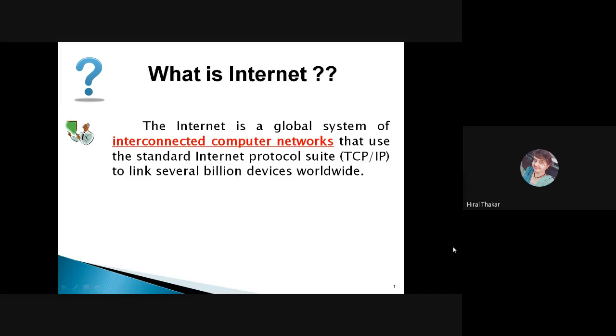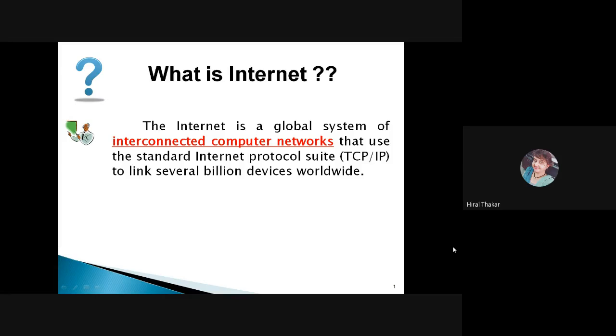So, it will be part of the global interconnected computer network that uses the standard Internet Protocol suite like TCP/IP to link several billions of devices worldwide. We will be connecting our computer or our system, or it may be a mobile phone as well. If you are connecting your phone with the internet, then that is also part of this global network.